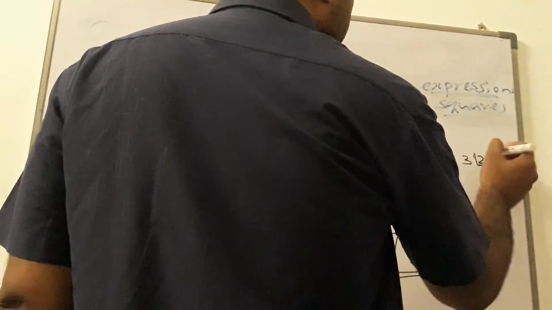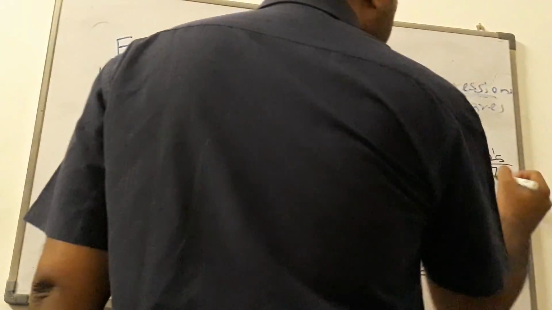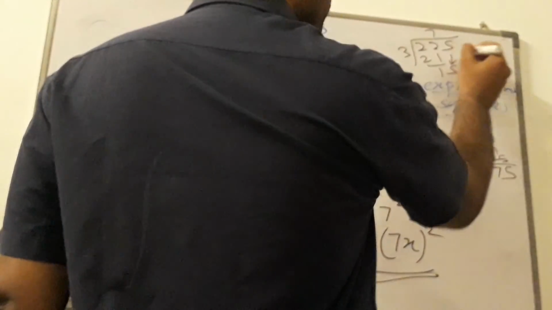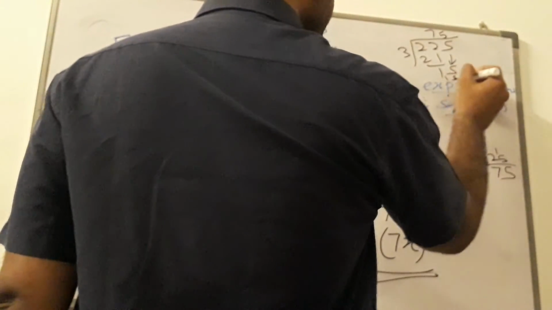Let me check. 3 times 7 is 21. 22, a remainder of 1, and 5 comes down, together 15. 3 times 5. Okay, 225 divided by 3: 3 times 7 is 21, the difference is 1, and 5 comes down, so it makes 15. How many 3s? 5 3s. So this is the answer.